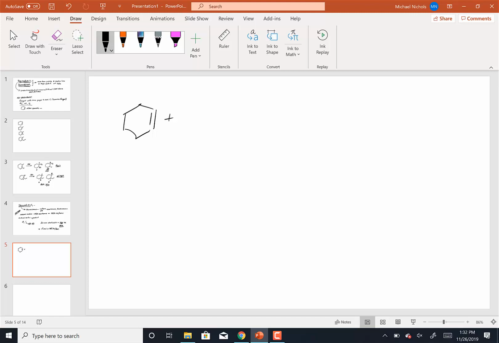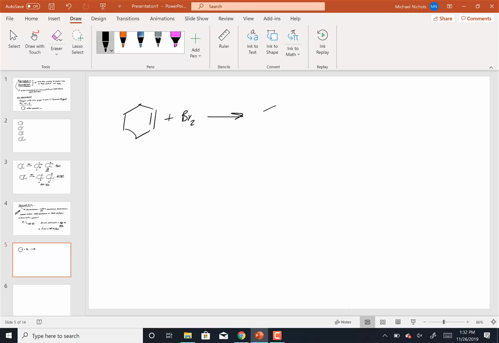Br2. Okay. So I'm going to add Br2 to the double bond. First question, is that regioselective? No, because the alkene is symmetrical and so is the Br2. So it is not regioselective. Is it stereoselective? Let's find out.